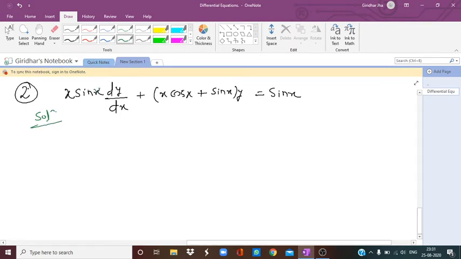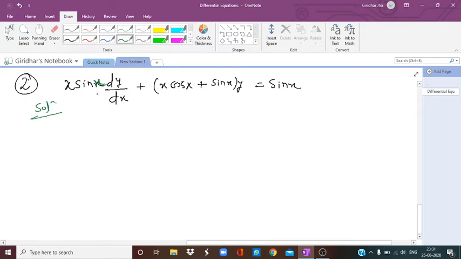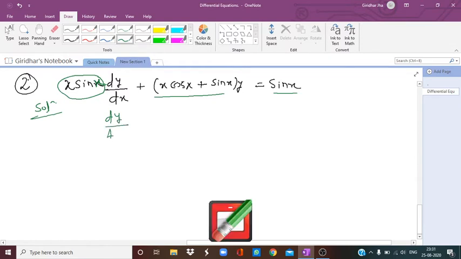So again we have to compare. This is x sin x. If we want to remove this x sin x from here, how can we remove it? We have to divide. Then it will come to dy/dx plus py equals q, where p and q are functions of x. So first we have to divide by x sin x.